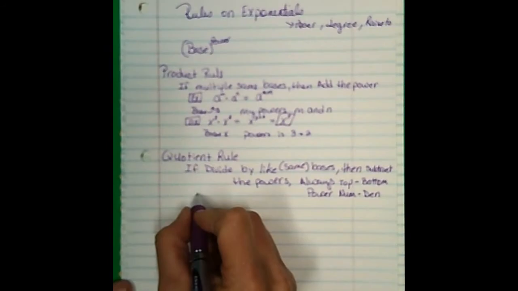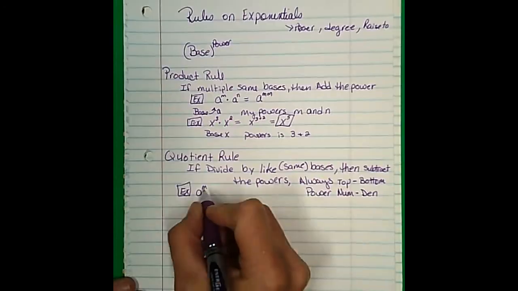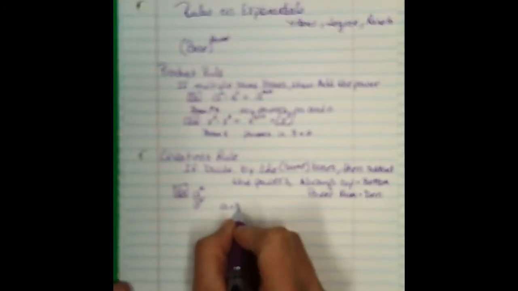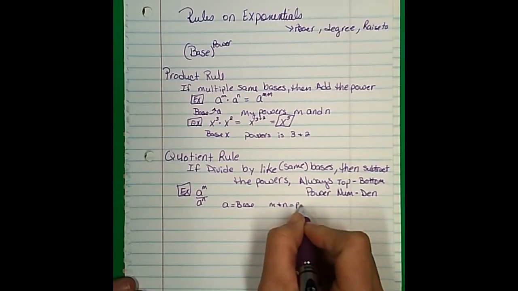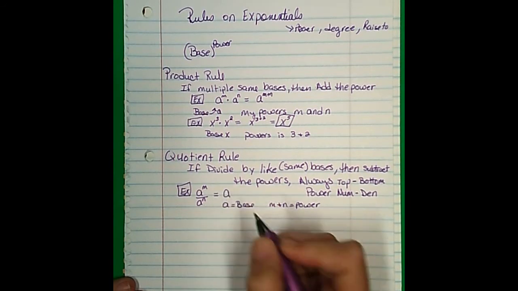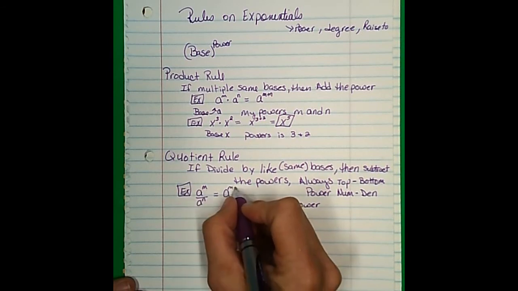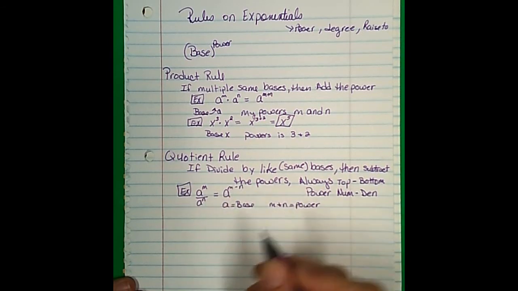Okay, so I can write this as an example of a to the m over a to the n, where a is my base and m and n are my powers. So let's rewrite a, because it's my base, and it's raised to m, because that's my top power, minus n, my bottom power.